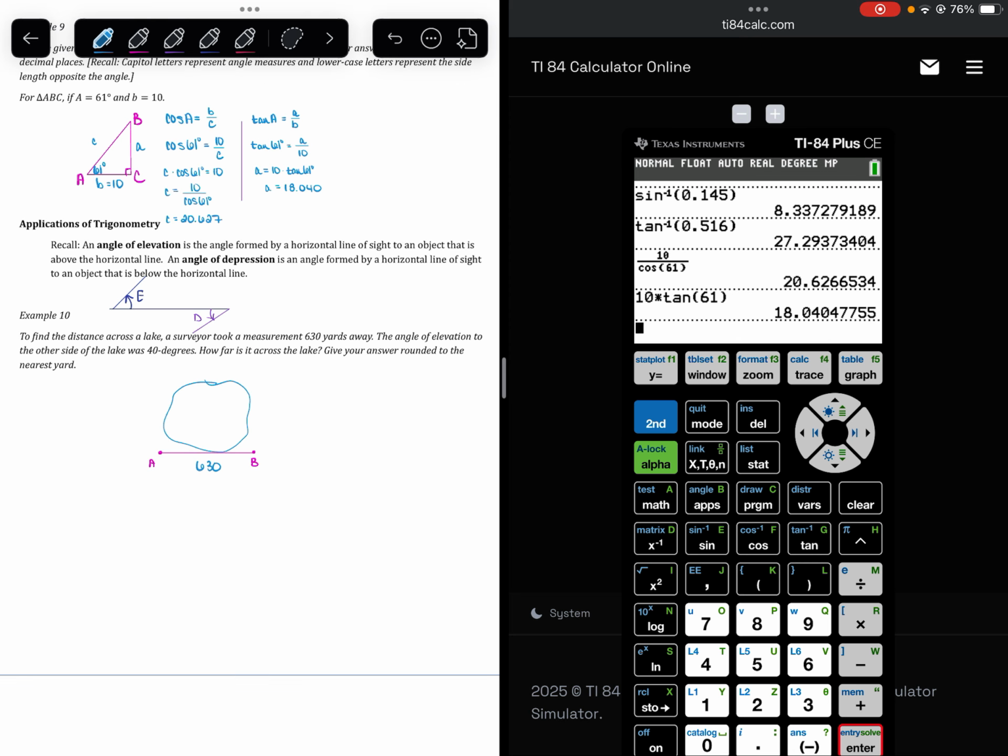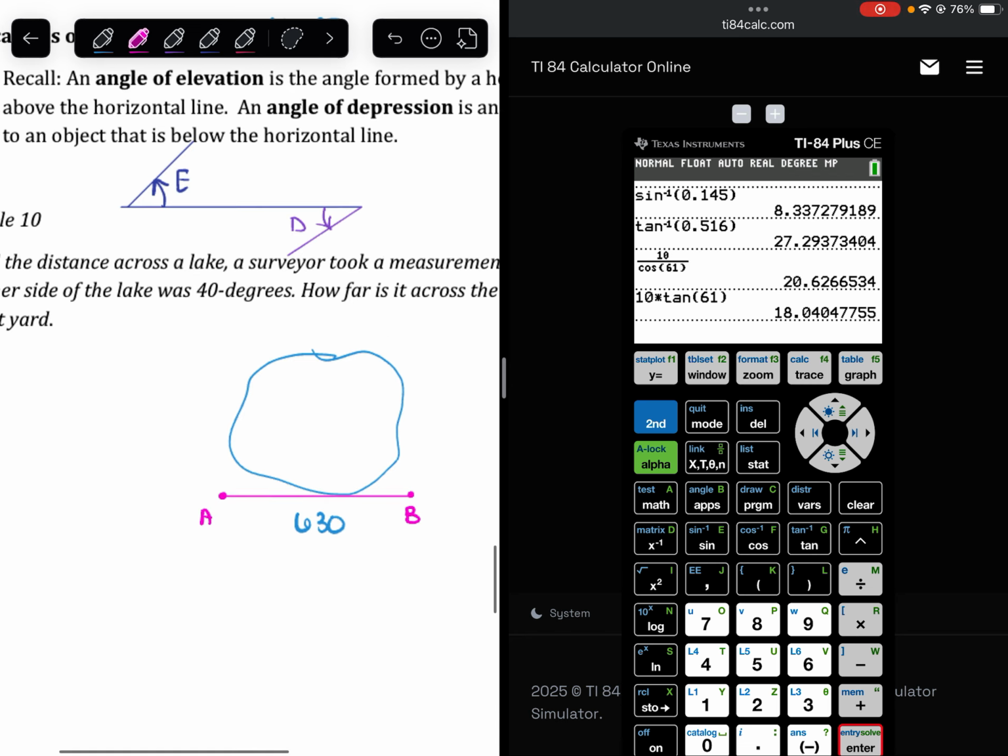The angle of elevation to the other side of the lake was 40 degrees. From A or B, it doesn't say, so it does not matter. Angle of elevation, out and up, was 40. So that angle right there is 40 degrees.